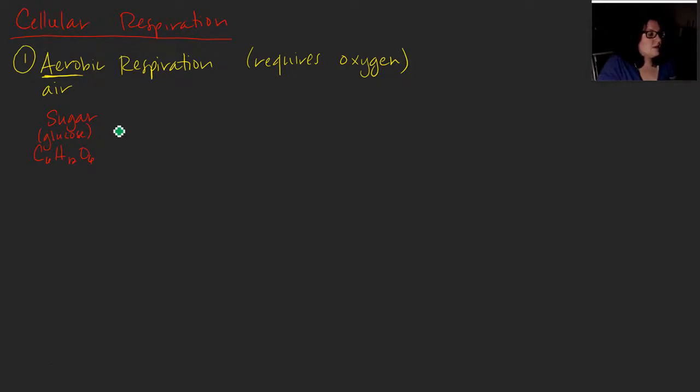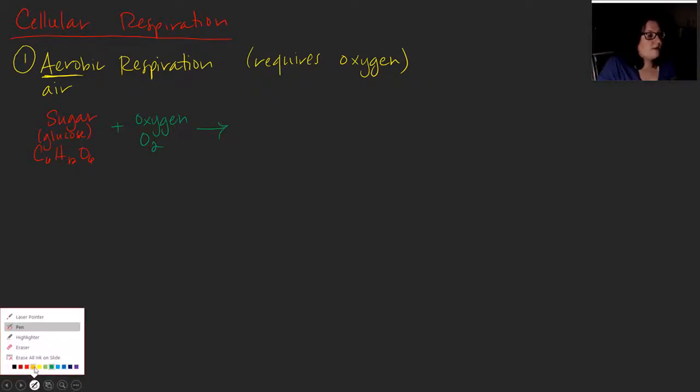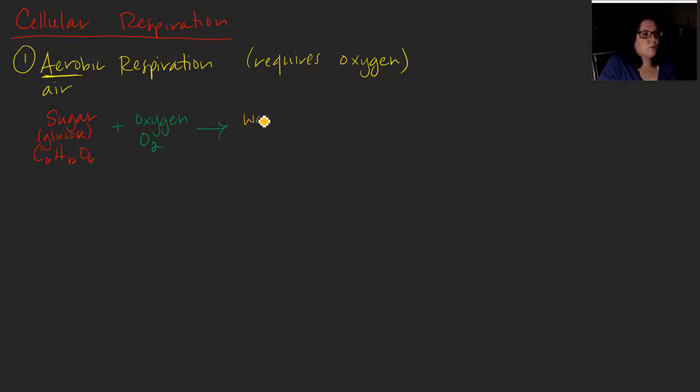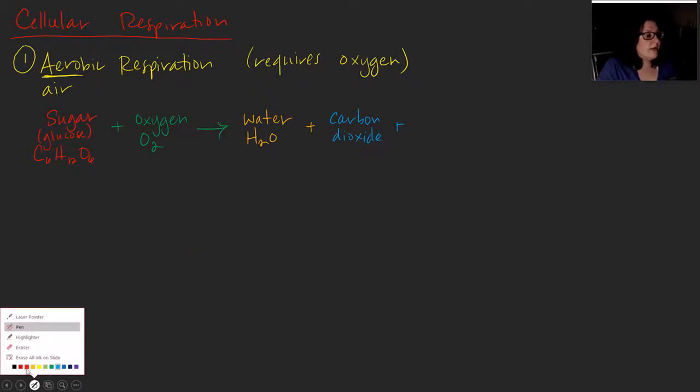And we add to that oxygen as O2, and those are converted into water and carbon dioxide, just picking random colors here, and that is used to make ATP.